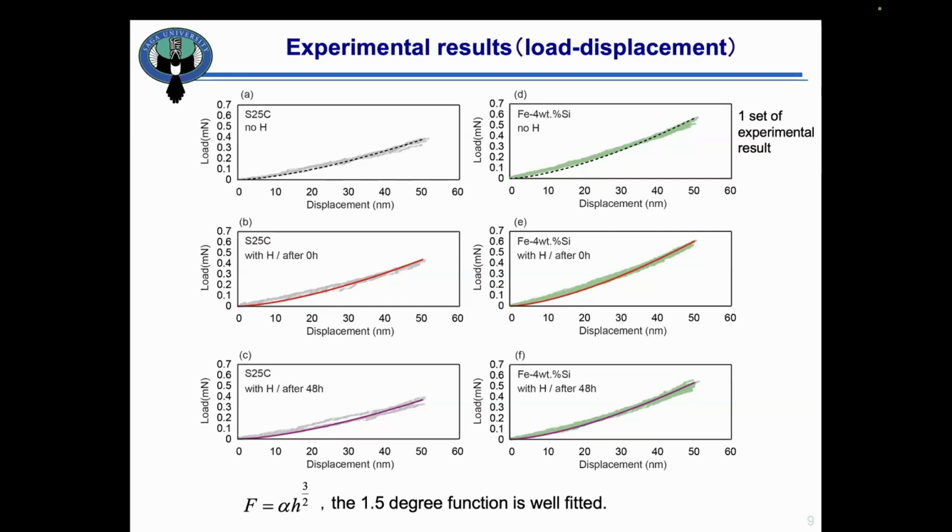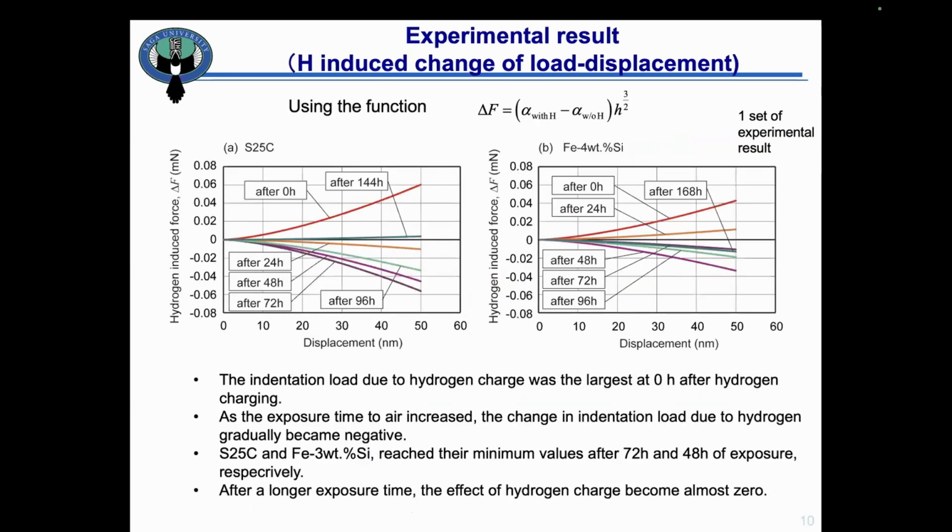And next, using this function delta F, all the experimental data is plotted like this, for polycrystalline and single crystals. The change in indentation load due to hydrogen charge was the largest at 0 hour, immediately after the hydrogen charging. As the exposure time to air increased, the change in indentation load due to hydrogen gradually became negative, like this.